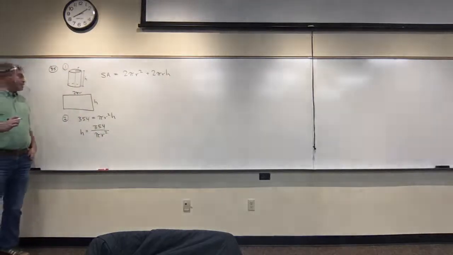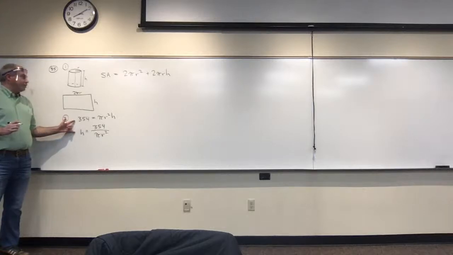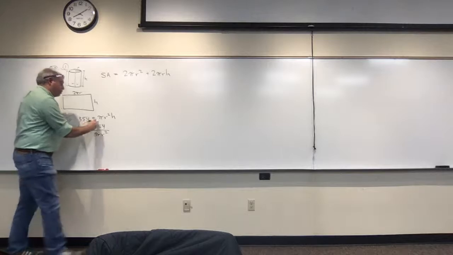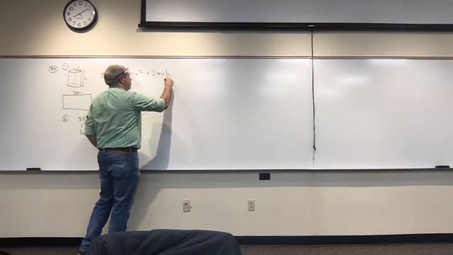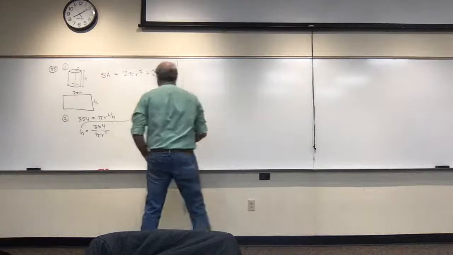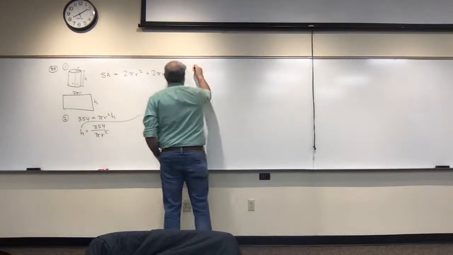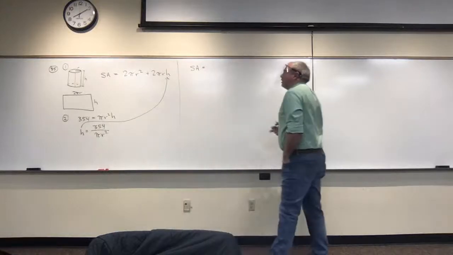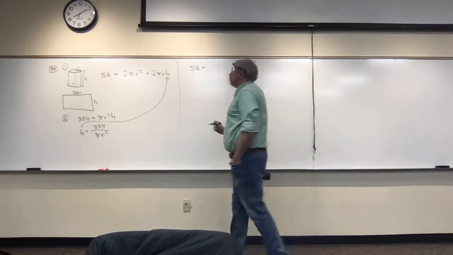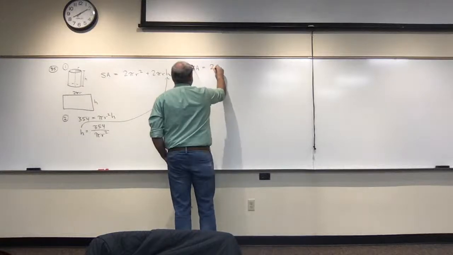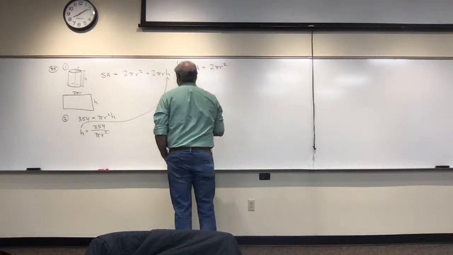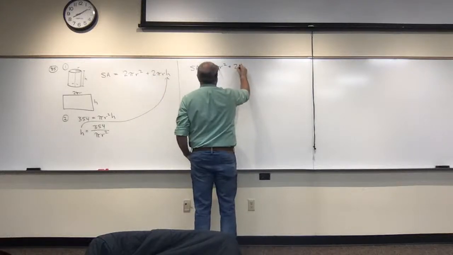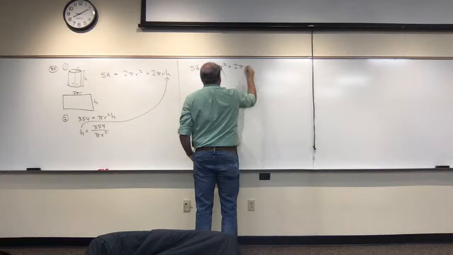Now I want to use this information to simplify my original formula. So this is h, and I'm going to take that h and plug it in here for h. Then I get that surface area is equal to 2 pi r squared plus 2 pi r times h.